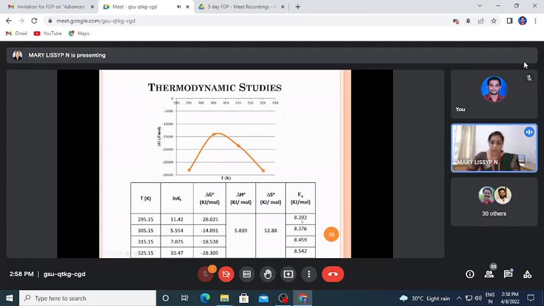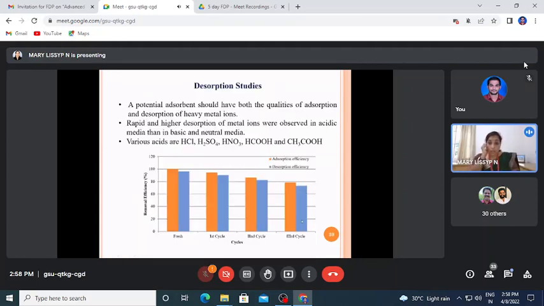Now the last one, it is very important, as I said in the beginning: desorption studies. How will we do the desorption studies? Normally we are always thinking about the adsorption process, how much efficiency is obtained, how fast it is, what time is taken, dosage, temperature, etc. But this is very important because, after all these adsorption processes, this nano-adsorbent is taken, and it will have so many metal ions adsorbed.